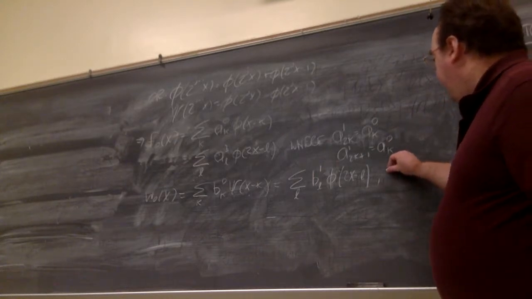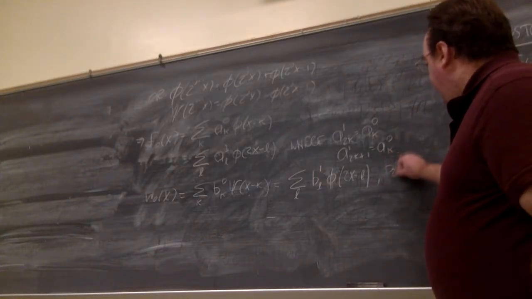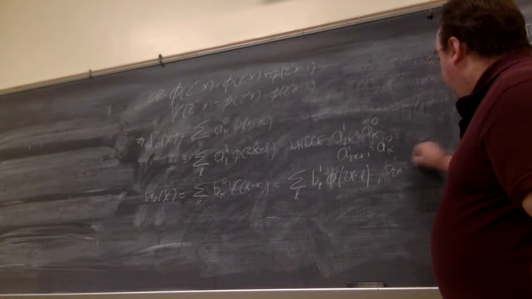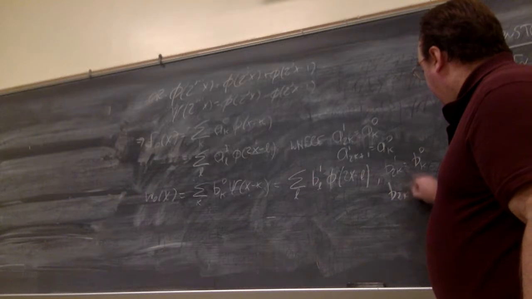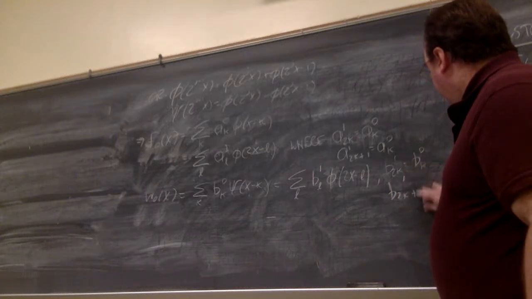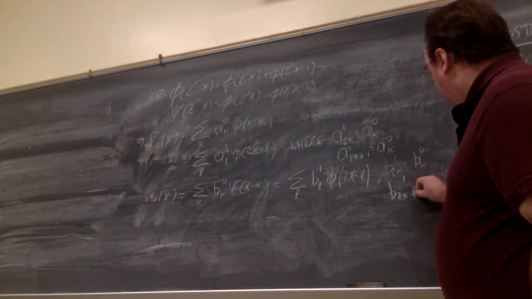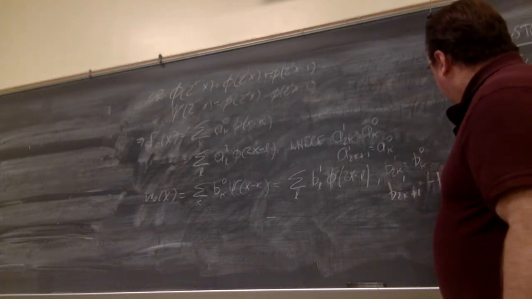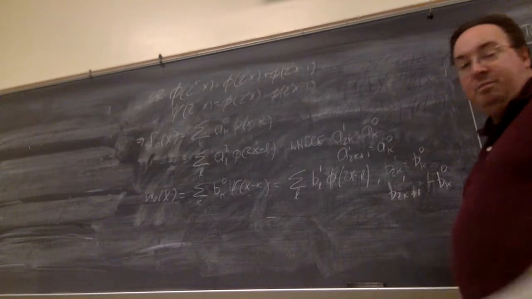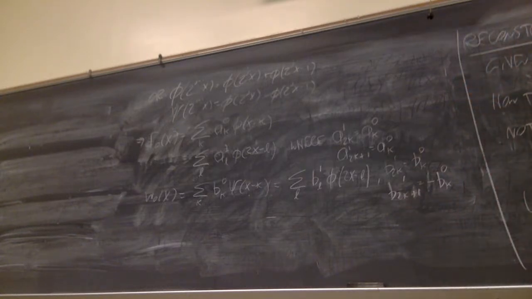Because what we have here is b 2k at level 1 is b k at level 0, and b 2k plus 1 is equal to minus b k at level 0. And the reason for that is the second or right half of a wavelet is the negation of a scaling function at finer resolution.